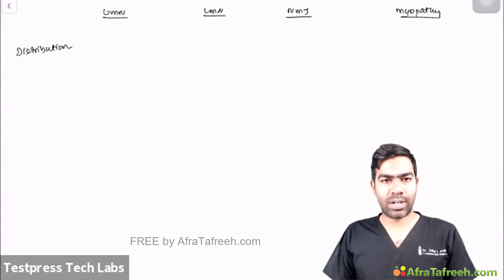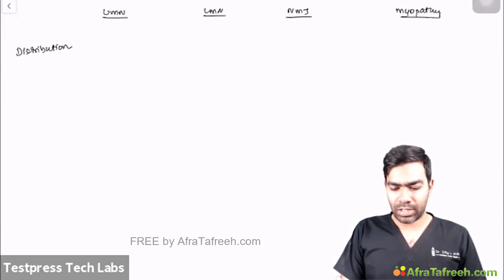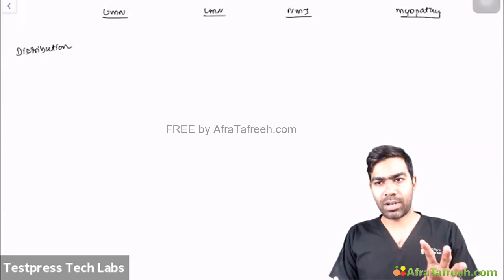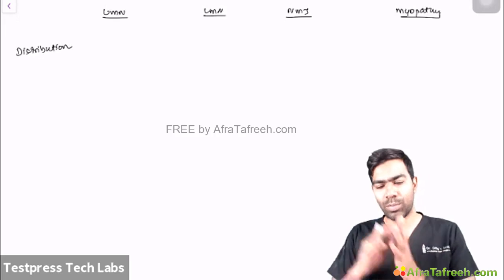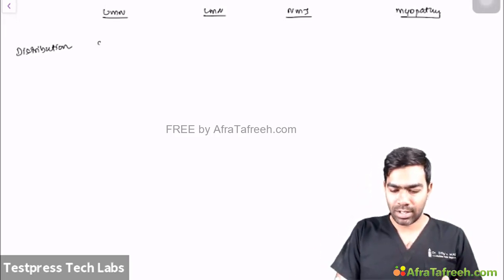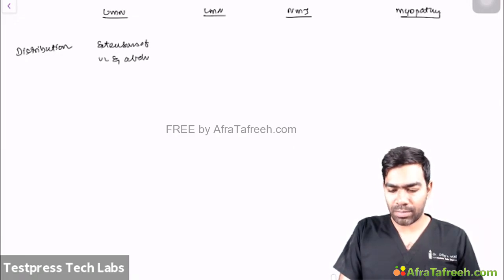So that is very, very important. In the upper limb, the main function of the corticospinal tract is extension and abduction of the upper limb. So if they ask you about the distribution of weakness in a corticospinal tract or any UMN lesion, the most important area that will be weak is the extensors of the upper limb, because that is the basic supply of the corticospinal tract, extensors of the upper limb and abductors of the upper limb.